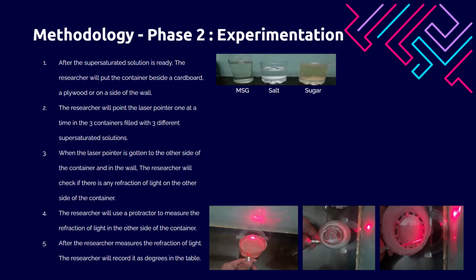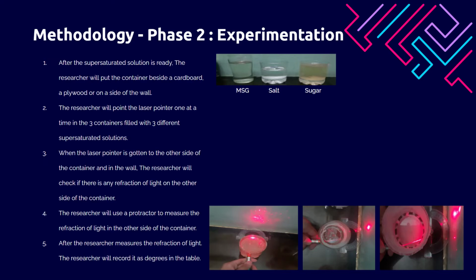Methodology. Phase 2, Experimentation. After the supersaturated solution is ready, the researcher will put the container beside a cardboard, a plywood, or on a side of the wall. The researcher will point the laser one at a time at the three containers filled with three different supersaturated solutions.